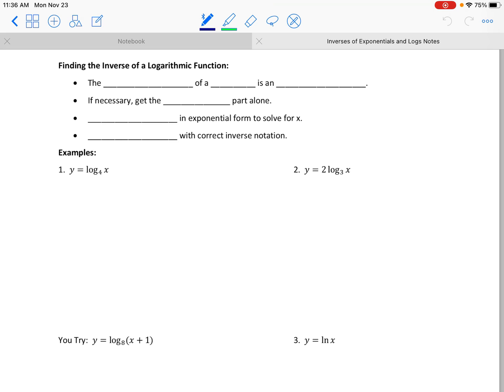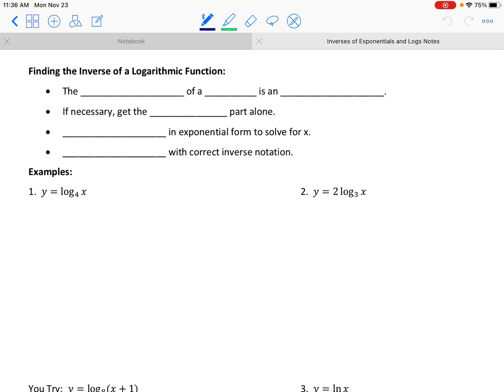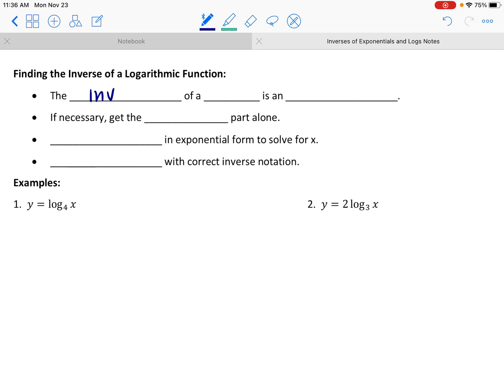Now we're going to try this in reverse. In the same way, the inverse of an exponential is a log, the inverse of a log is an exponential. So if we're going to try to find the inverse of a log function, then we're going to rewrite in exponential form. But we want to get that log piece alone.